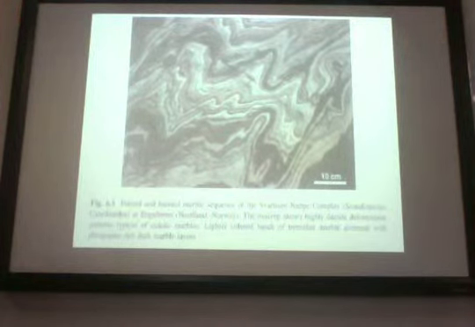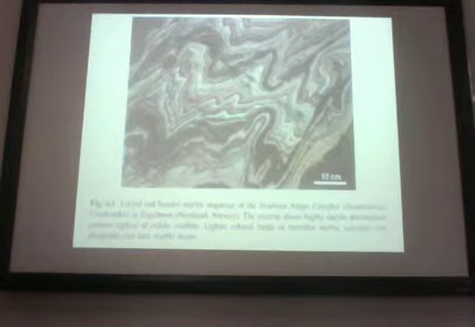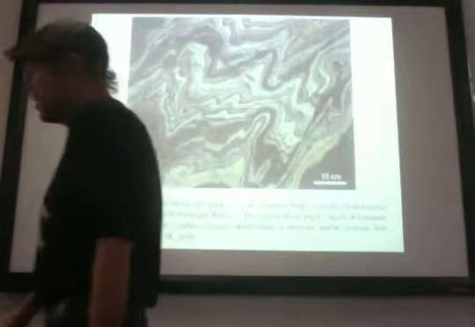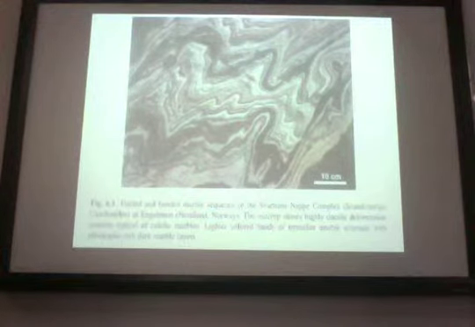But you know by now that the phlogopite is a sheet silicate and that is dark. It is a dark sheet silicate, and that makes this layer dark.